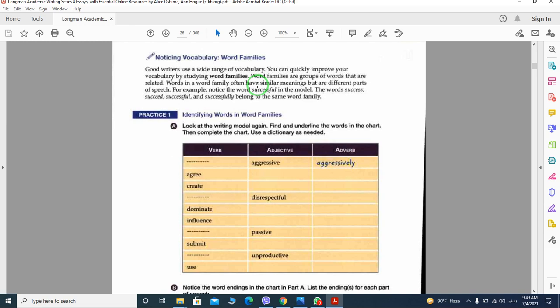And when you're making English sentences, you have to know the different parts of speech. For example, success: he achieved a lot of success. He succeeded in his exam. He was a very successful businessman. He successfully finished the course. So when you want to use them, you have to know the different parts of speech because they function differently.